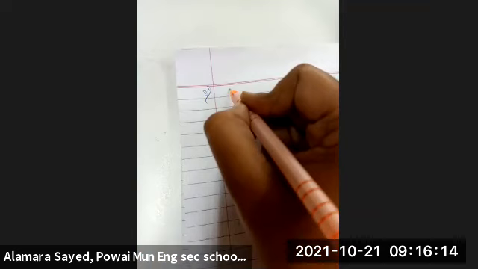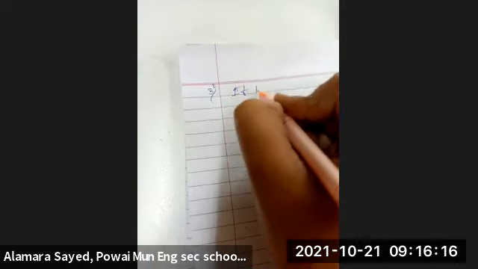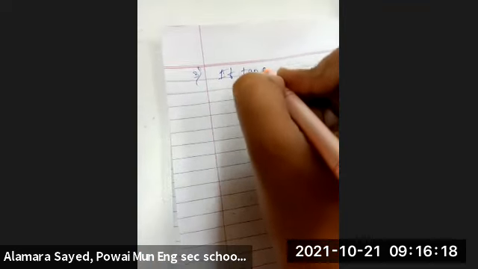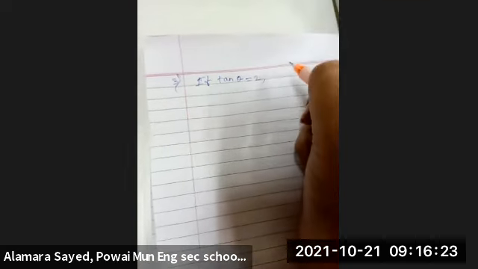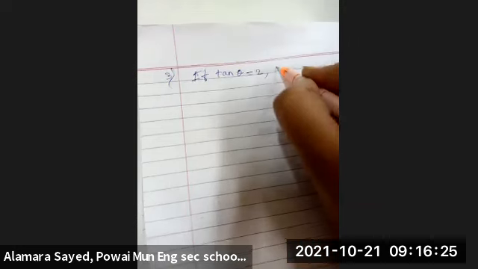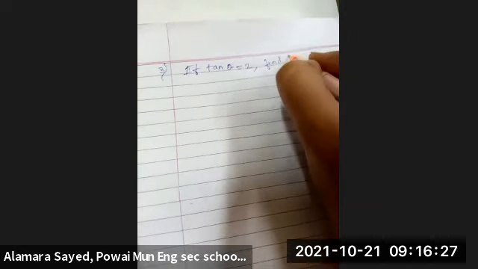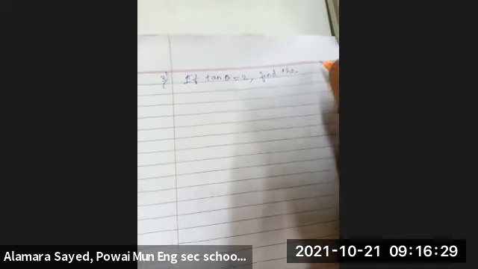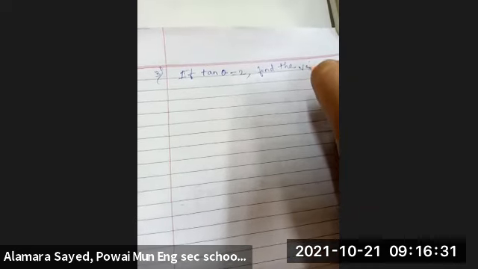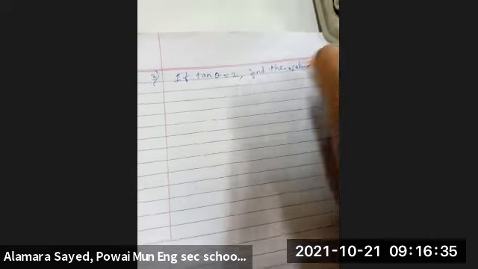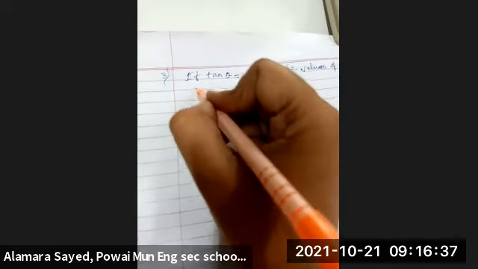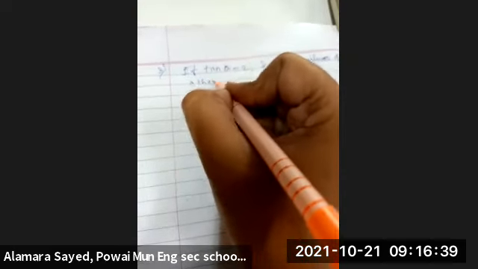So in this question, if tan theta is equal to 2, find the values of other trigonometric ratios.